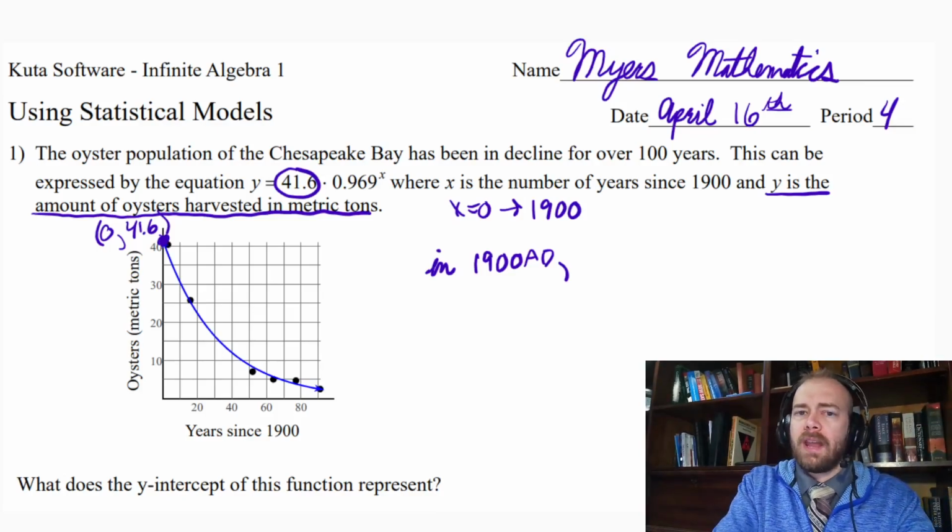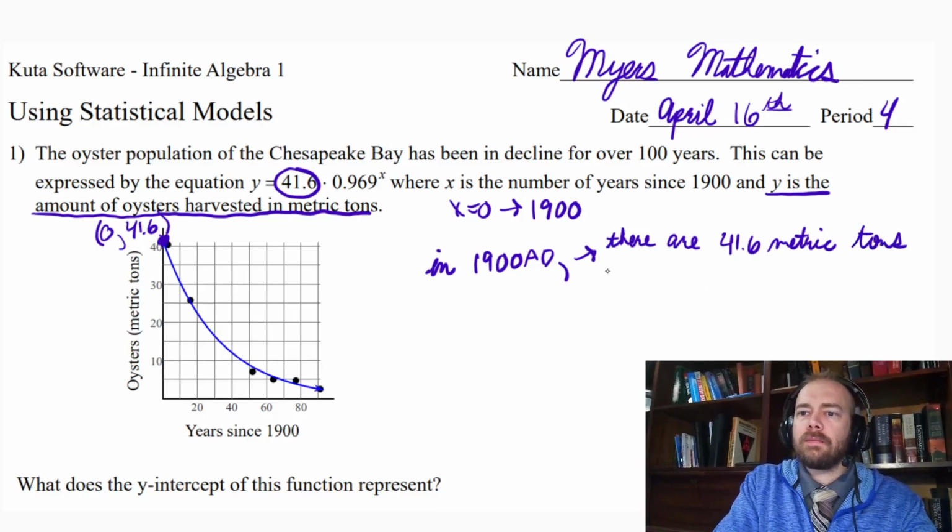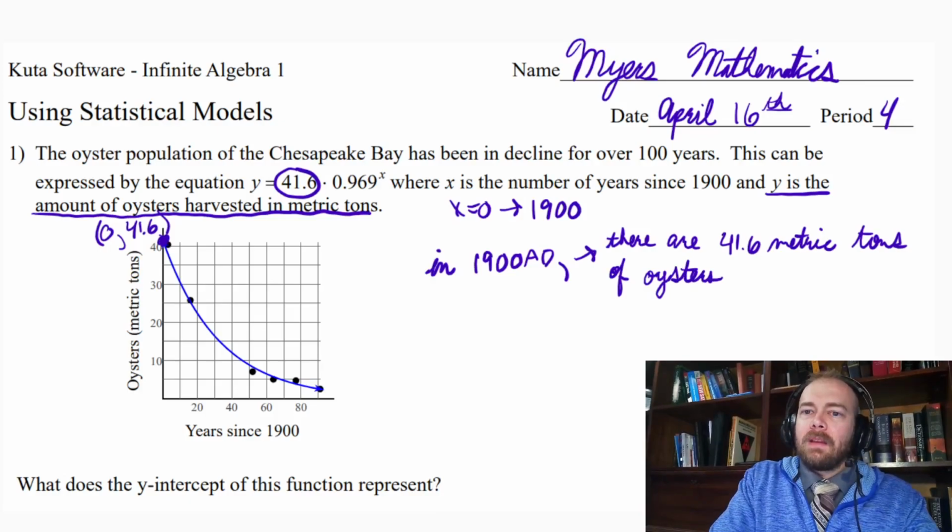According to the text, you could say that in 1900 AD, there are 41.6 metric tons of oysters. How do you spell oysters? O-Y-S-T-E-R-S. There are 41.6 metric tons of oysters harvested.